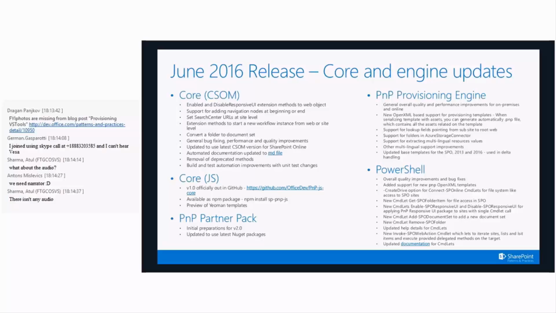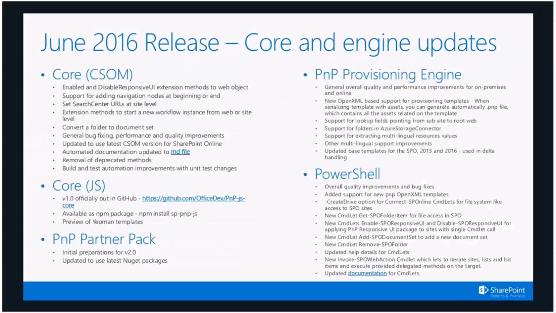The PnP provisioning engine now supports OpenXML-based templating, and what we mean with that is that you can save a template in an OpenXML format, and that one file will contain the template, which is the XML if you serialize that, including all of the assets. So including, for example, the images and all of that stuff as well. And then a lot of stuff on the PowerShell side as well. So all of the areas are evolving quite nicely, which is a great thing.